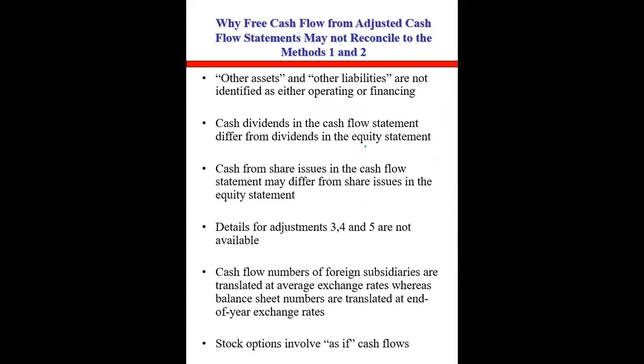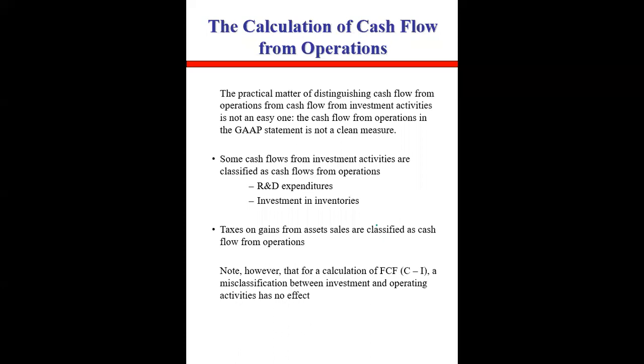Okay. Now, there are some other reasons you will explore, but we would like to talk about that we need to distinguish the cash flow from operations and cash flow from investment activities precisely. But the issue is, it is not an easy task.